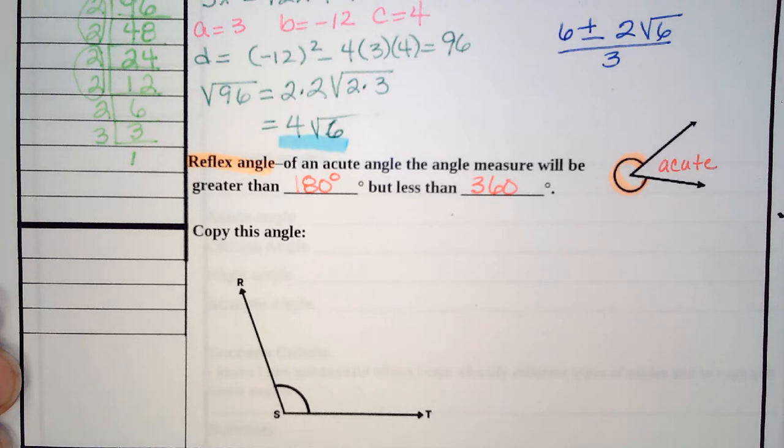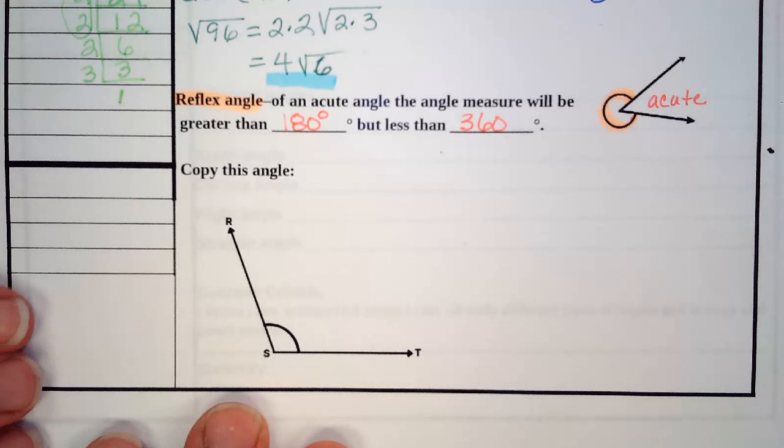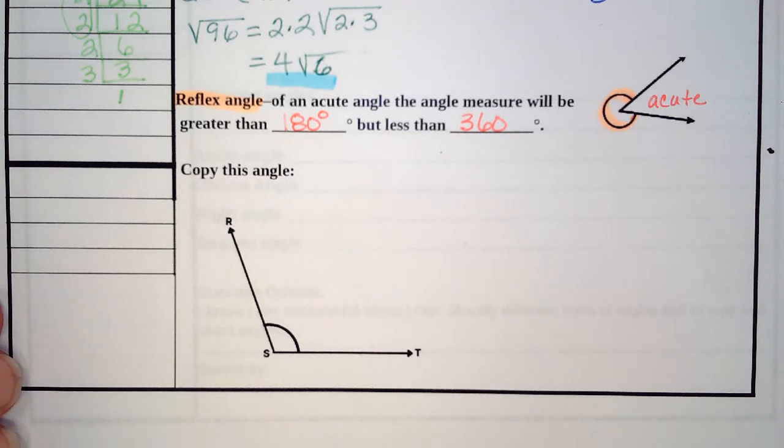Now, to copy anything in geometry, you have got to have equal distances. So the first thing we're going to do is think about how we can create those equal distances.